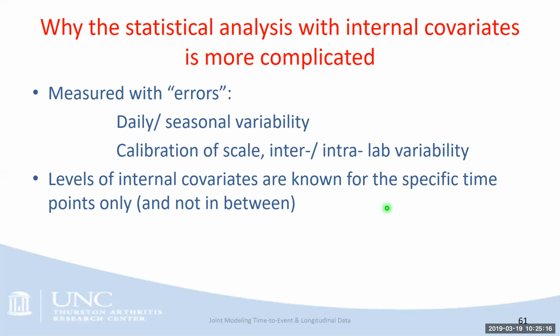For example, if we weigh the same person twice, once in the morning and then after lunch, we will probably observe different values of his weight. And another important feature of an internal covariate is that the level is known for specific occasions only, for example, when he is in the doctor's office or in the study center. So the complete path up to any time is not completely observed.